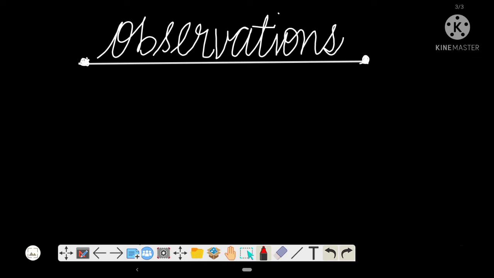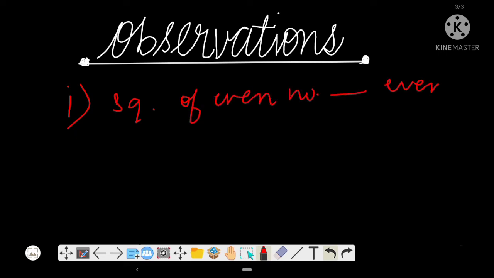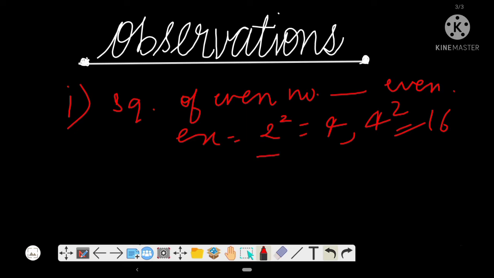Now, from the previous examples, we observed the following things. First is the square root of an even number is always even. Example, 2 square 4 and 4 square 16. Square root and square both are even.